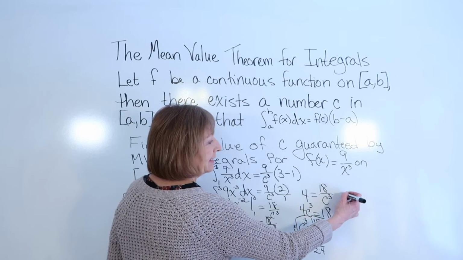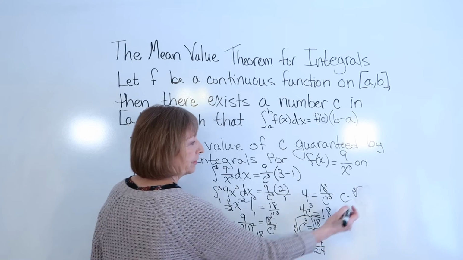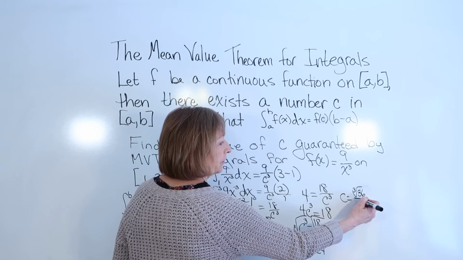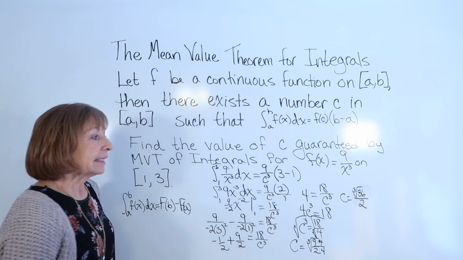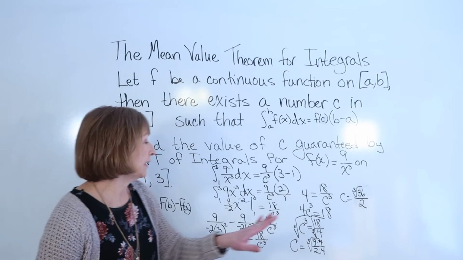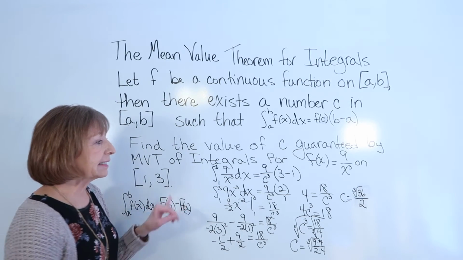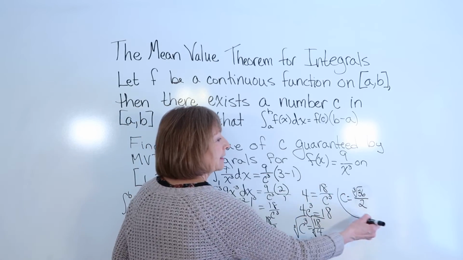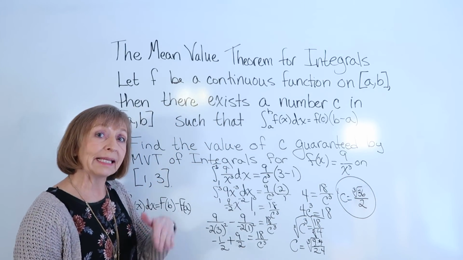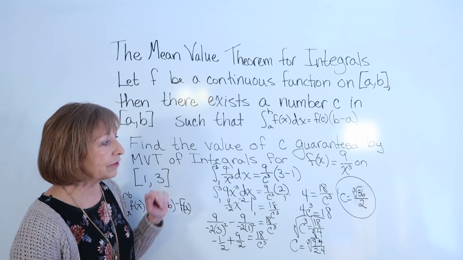So I have c is equal to the cube root of 36 all over 2. Now, the cube root of 36 over 2 is a value in this interval, and it is the value that if you put it through the function, you would get out the average value of that function over that interval.